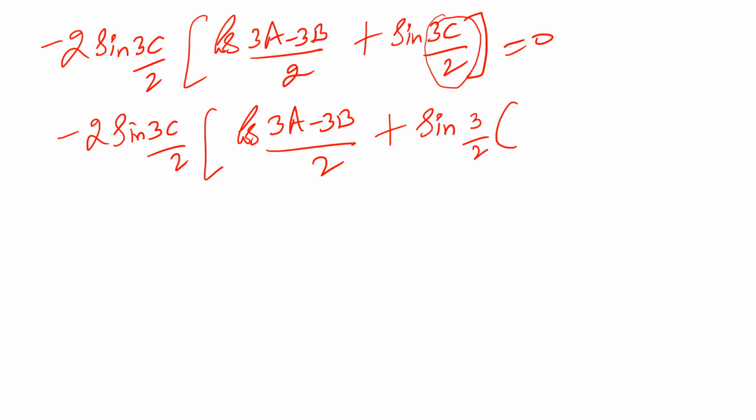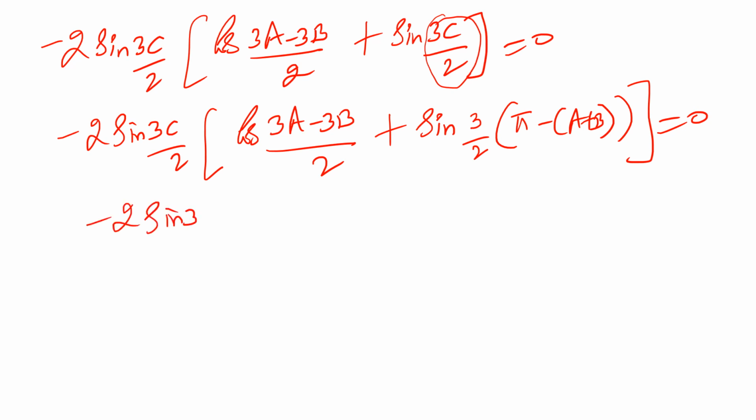Now I am replacing C as pi minus (A plus B), because we know that the sum of three angles of a triangle is 180 degrees. So now this becomes minus 2 sine 3C by 2, inside the bracket it is cos (3A minus 3B) divided by 2, right?